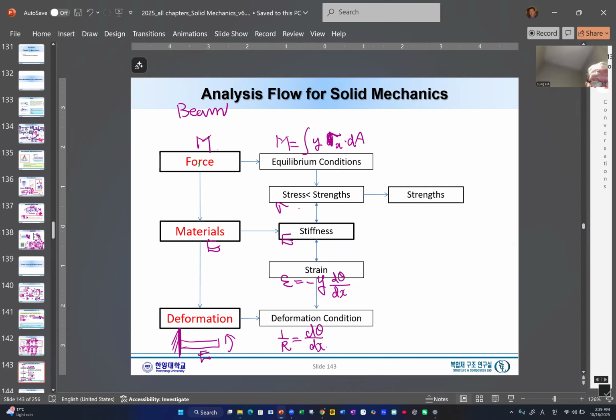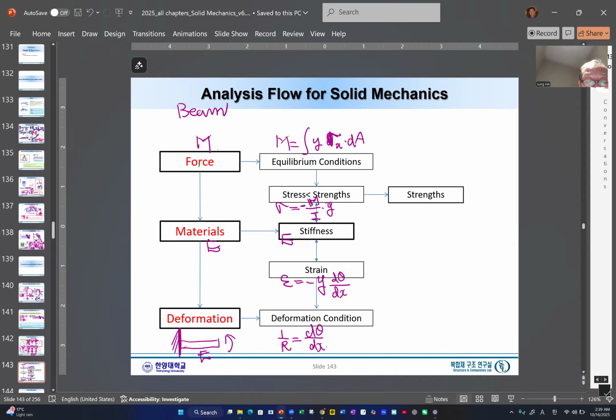As you can see, the stress will be given as the moment. Always try to remember force divided by A, times Y. Well, this is the one. Now there's a minus there.